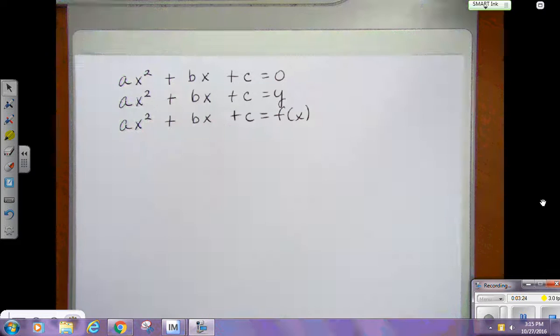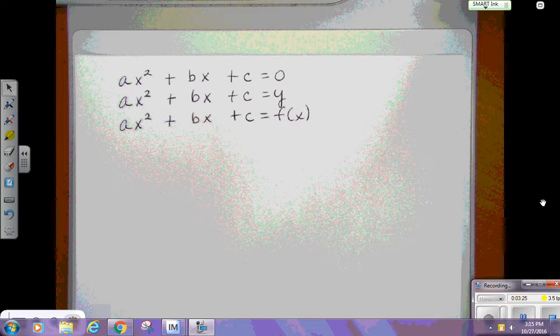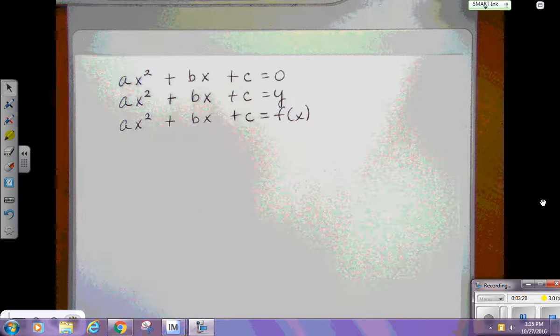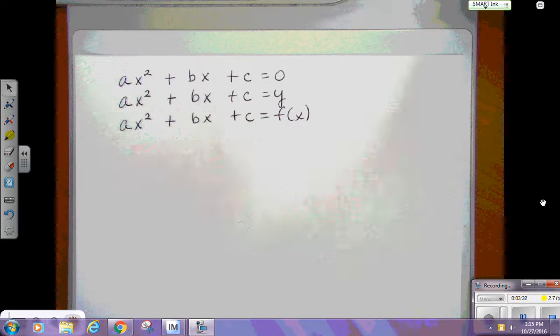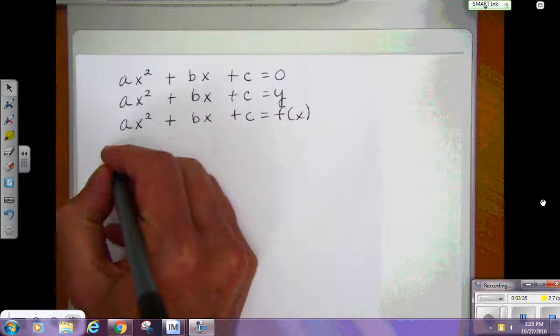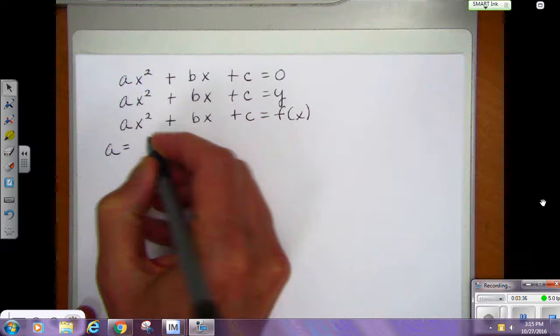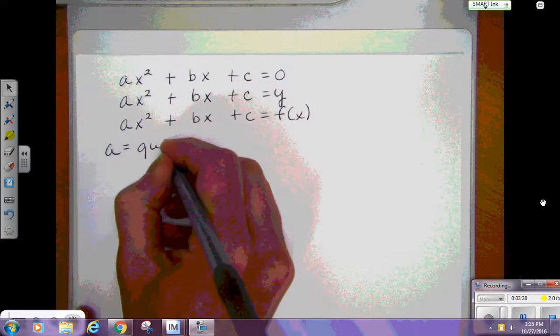So your a, b, and c are numbers. Just right now it's a generic equation, so they have letters replacing the numbers. Okay, so the a is your quadratic coefficient.